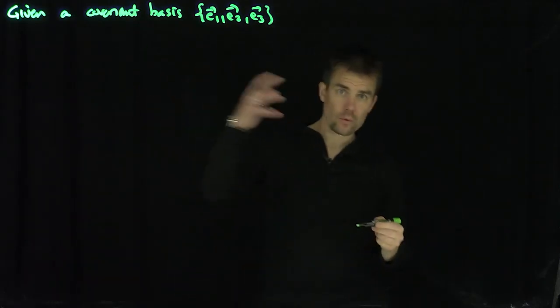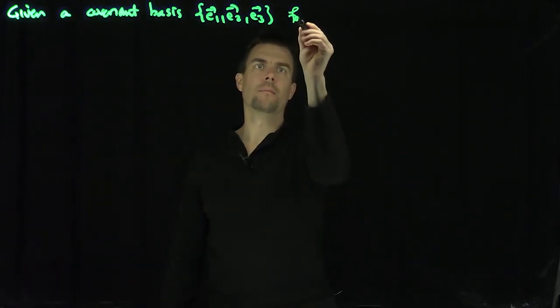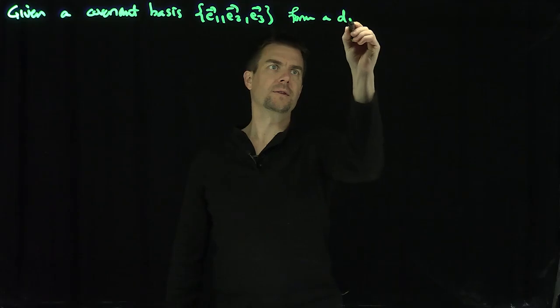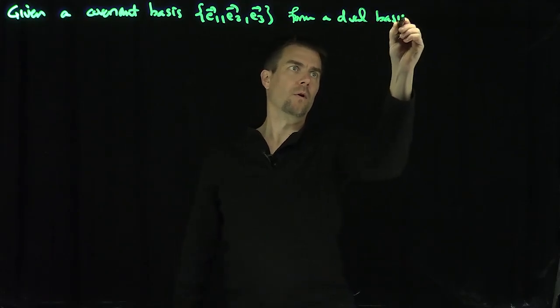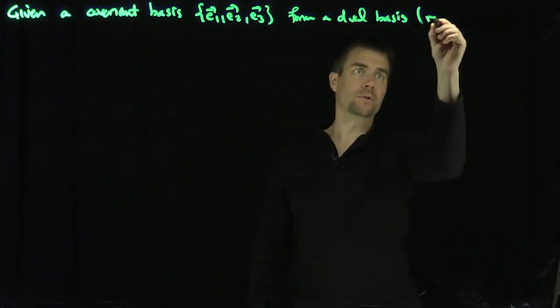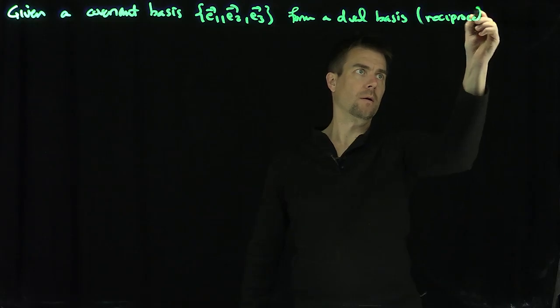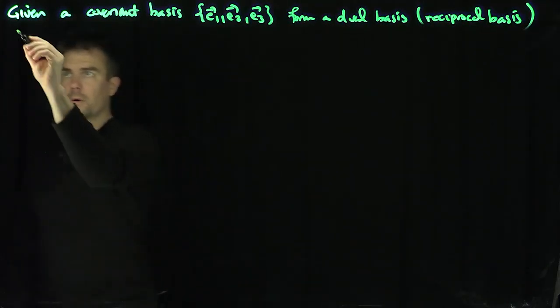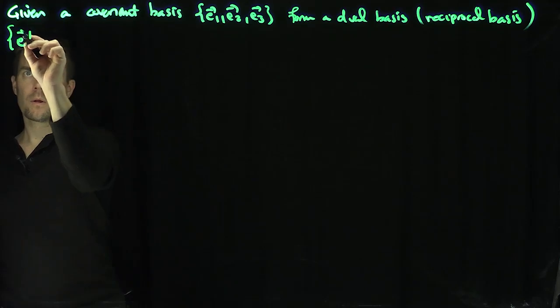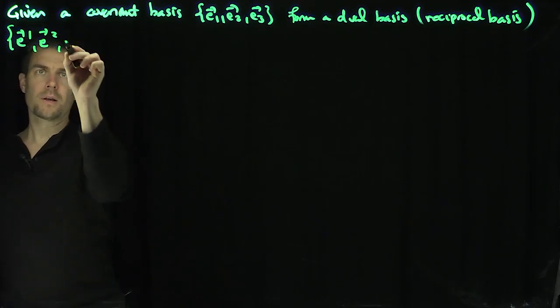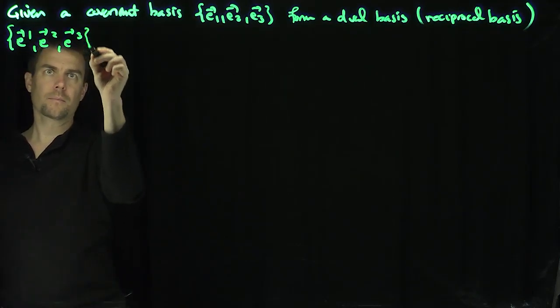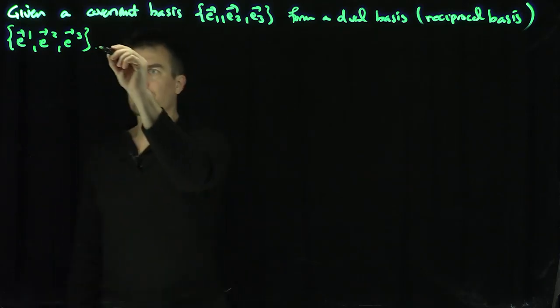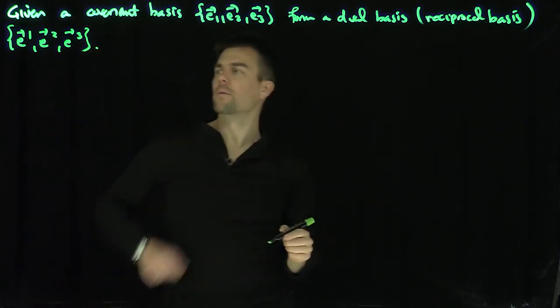We can form a dual basis, or as we know for R3, it's called a reciprocal basis, E1 upper, E2 upper, and E3 upper. Okay, and of course we know what that is for R3, right?